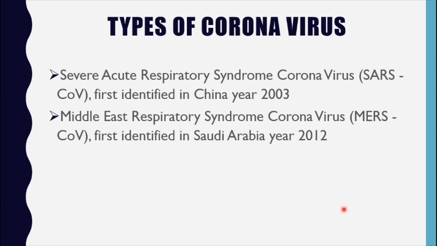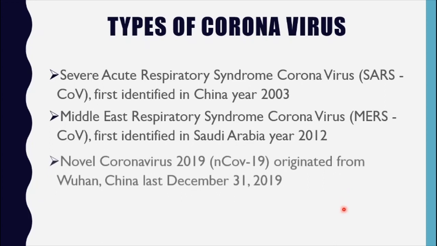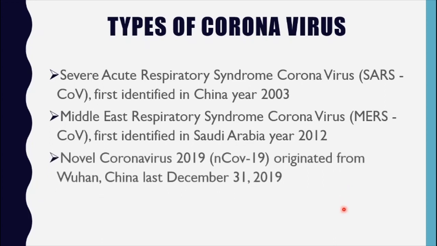Then we have the Middle East Respiratory Syndrome coronavirus, or MERS-CoV, first identified in Saudi Arabia in 2012. And lastly, the current virus, the novel coronavirus, or nCoV-19, that originated from Wuhan, China, last December 31, 2019.